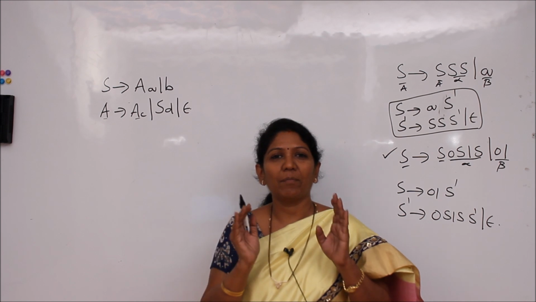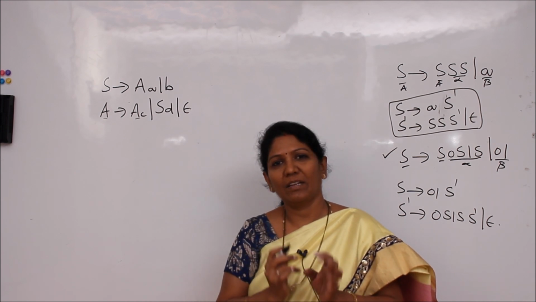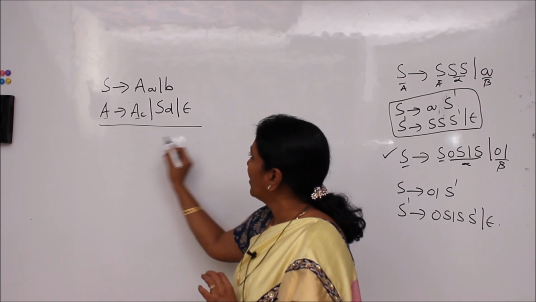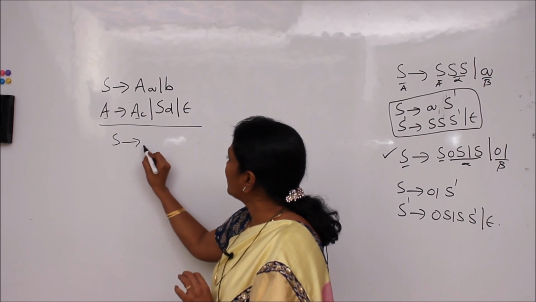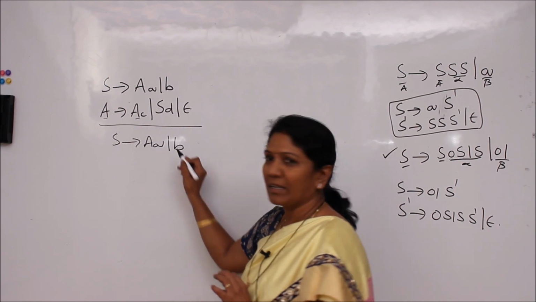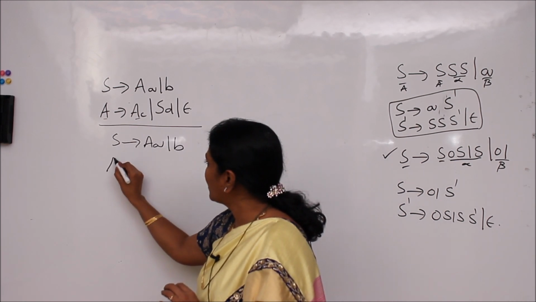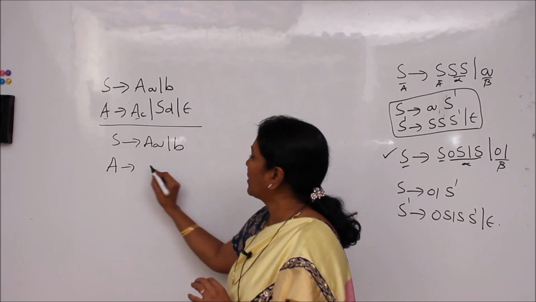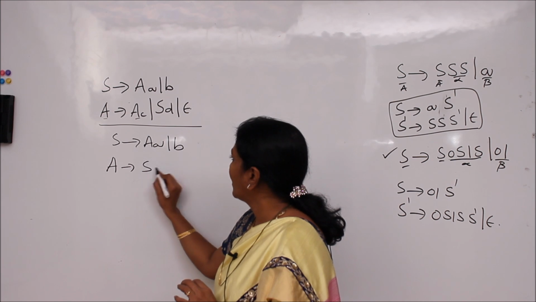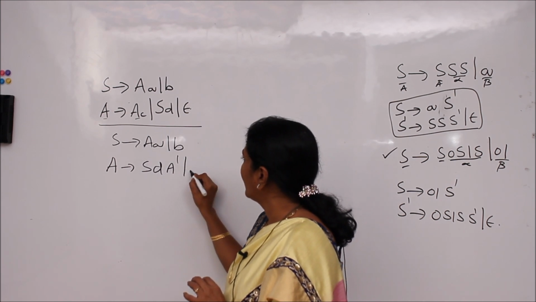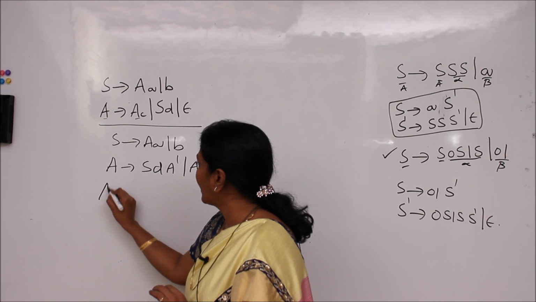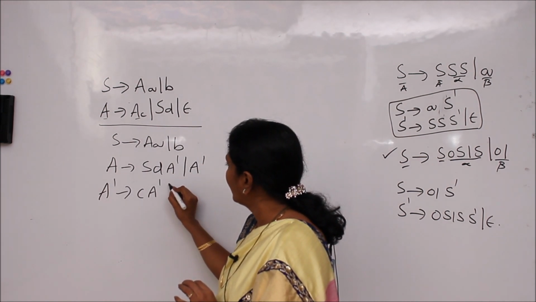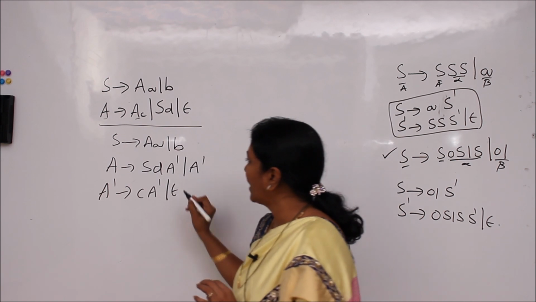So if you straight away apply that formula, let us see whether the left recursion is completely eliminated. There is no left recursion in the first production, so write it as it is. Now here if you use the same formula, A to A alpha, beta 1, beta 2, so A to beta 1 A' | beta 2 A' and A' to alpha A' or epsilon.